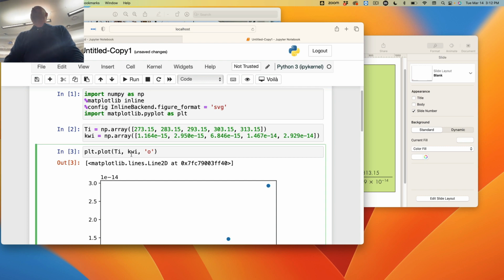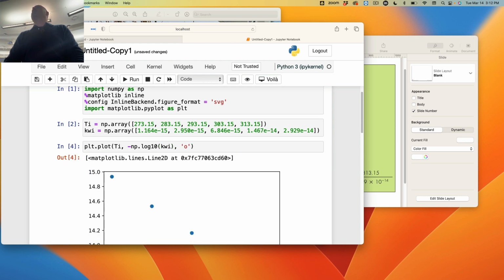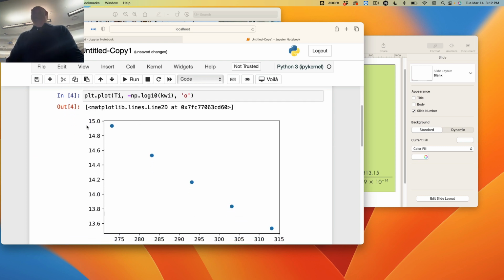If I do minus np.log10 of Kwi, it swaps. It's almost linear, but it's not. However, now the y-axis is of order 10, so we have reasonable values. We don't have to worry much about round off.